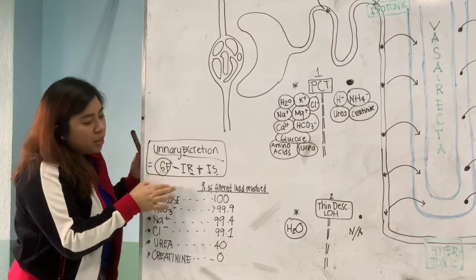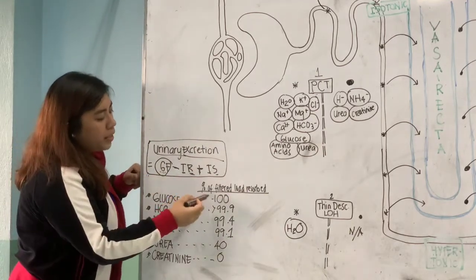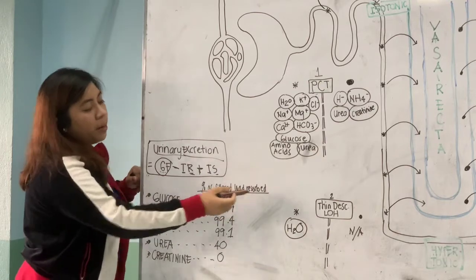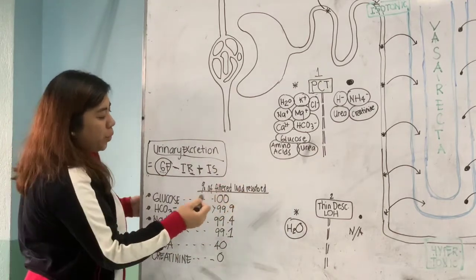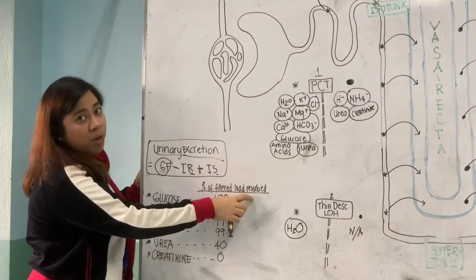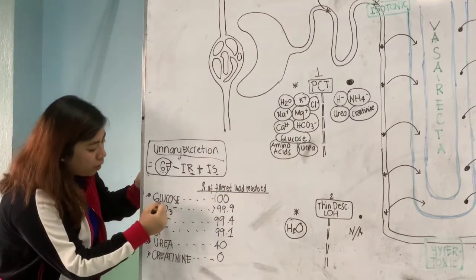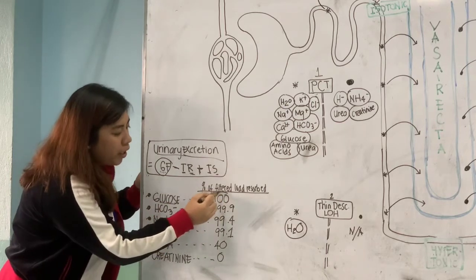So, these are the substances and these are the percentage of filtered load reabsorbed. So, kung mag-aamoy siya ang percent kung sa amoy substance ang kabalik sa blood. So, for example, we have your glucose. So, 100%.